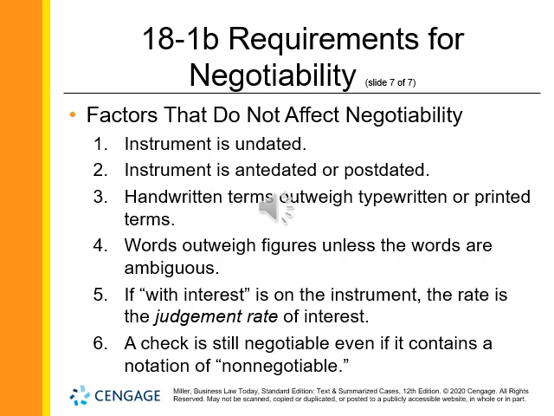Like any contract, as long as all the material terms are stated, negotiable instruments are going to be negotiable. And certain things that are factors that might otherwise affect elements of the instrument are not going to affect negotiability if they're not considered to be material to that aspect. Those include the fact that the instrument is undated.